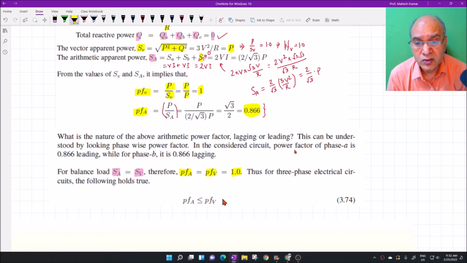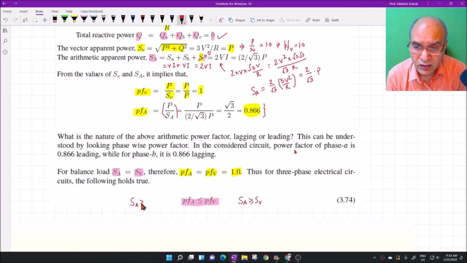But if this is not true, then this relationship holds true between the arithmetic and the vector apparent power, that is PFA is less or equal to PFB, because SA is greater or equal to SB, and therefore the PFA should be less or equal to PFB, and for the design of the network parameter we will choose the value of arithmetic power factor.